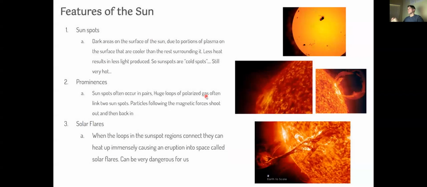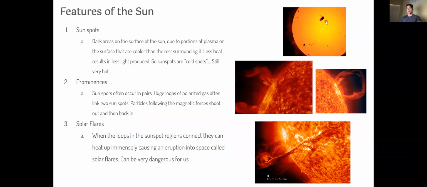All right. Features of the sun. Now this is more important. I will probably test you on these. These are things that we can see about the sun. The first thing that we can see on the sun are called sunspots. They are dark spots on the sun.